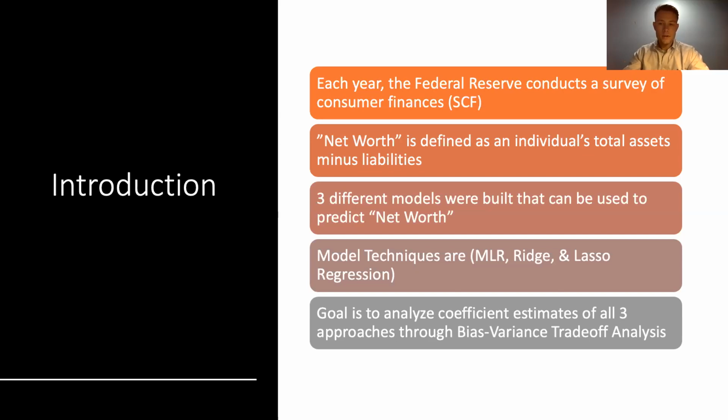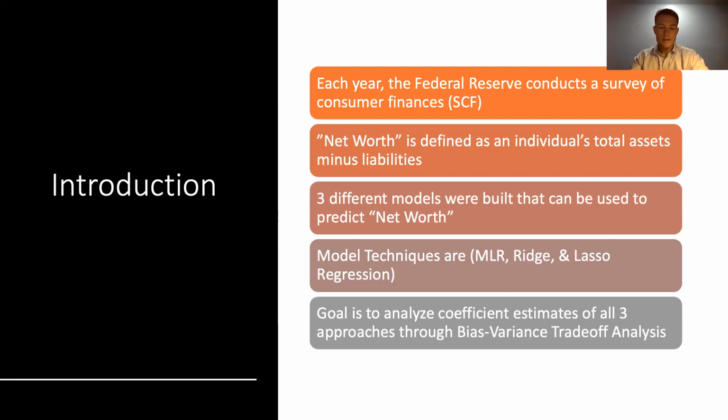So the variable that I looked at as my dependent variable is net worth. This is just defined as an individual's assets minus their liabilities. So if they had 100,000 in assets and 50,000 in liabilities, their net worth would be 50,000.